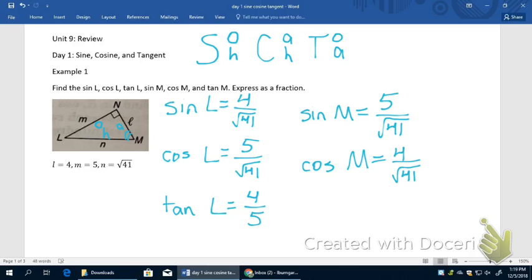And then for the tangent of M, that's now going to be M divided by L, because opposite over adjacent, so M divided by L, and so that's going to be 5 over 4. And these are your 6 answers that you are wanting on that particular problem.